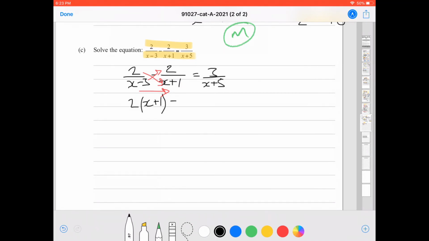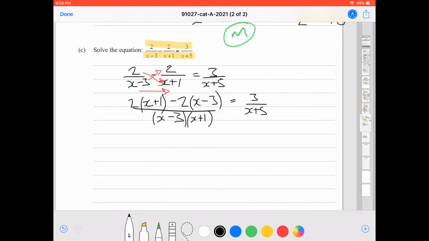Let's go ahead and combine it into one fraction first of all. At this stage, let's not drag it out. It's all over x minus 3 and x plus 1. Okay, our right hand side remains the same, 3 over x plus 5.